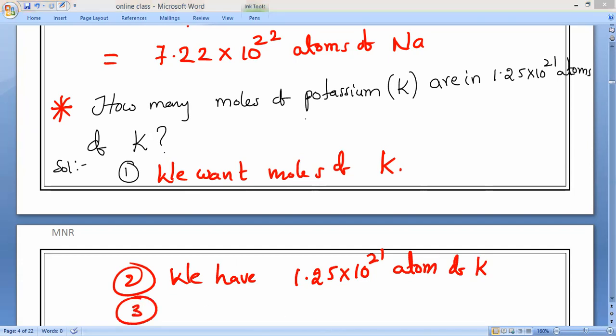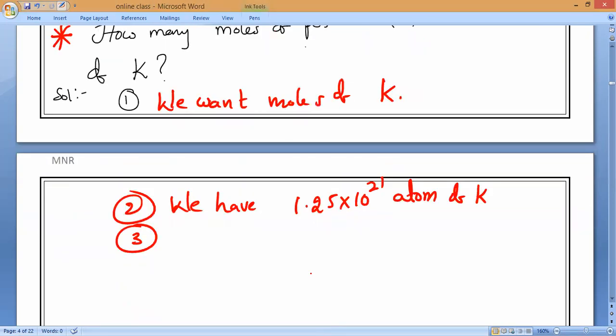We know the relation between moles and atoms: 1 mole of any substance equals the Avogadro number.